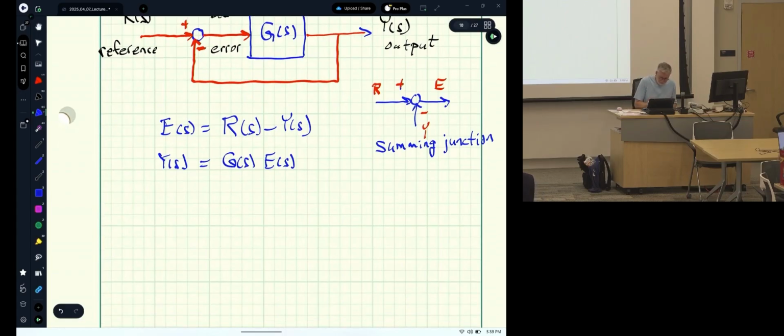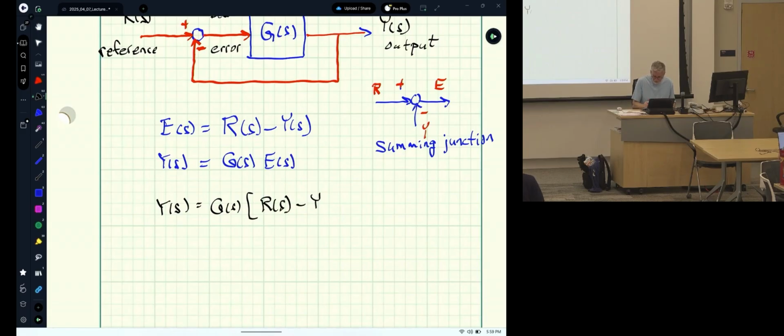I'm going to derive something that's fundamental, and it'll become second nature to us in a little while, but not yet. So now Y of S equals G of S. Let me substitute in for E of S. The reference command minus the measured output.